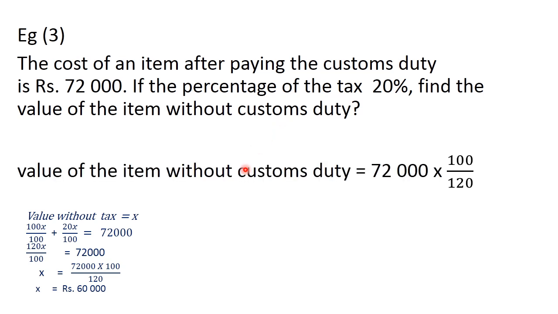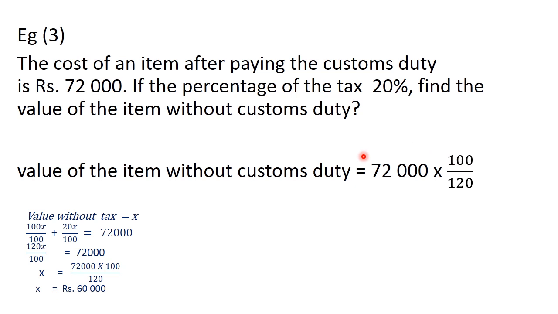There are two methods to solve this one. Straight away you can find the value of the item without custom duty this way. This 72,000 actually consists of 120 parts. That is, 100 over 100 is the value of the item, and 20 over 100 is the tax. The sum of those two is equal to 72,000.